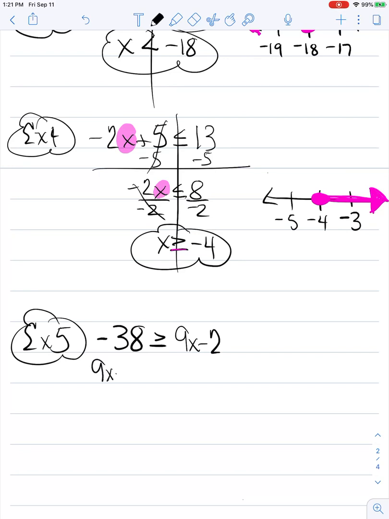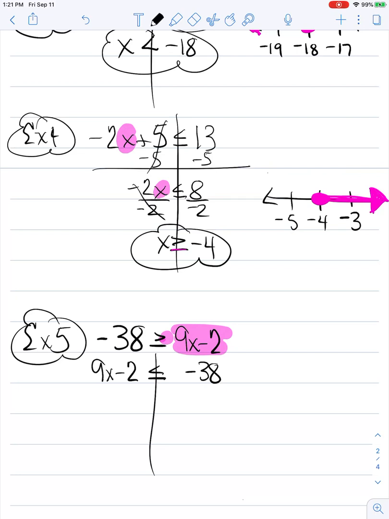If I flip the 9x minus 2 and the negative 38, you have to make sure that you point that inequality sign the correct way. So my inequality sign, the small part's pointing at the 9x minus 2, so I want to make sure that it's pointing to the 9x minus 2 over here.